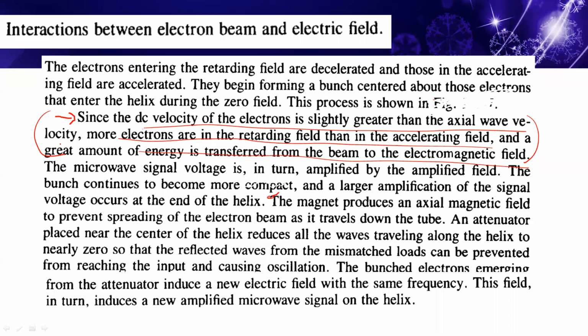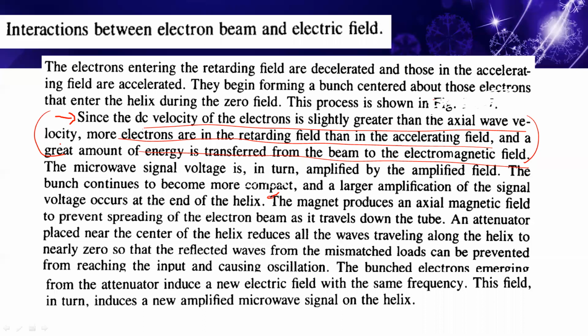In this traveling wave tube, the acceleration and deceleration of electrons yields greater energy that will be treated as the microwave signal. When we apply a signal at the RF input, that signal is amplified, and the microwave signal voltage is converted and amplified by the amplified field.